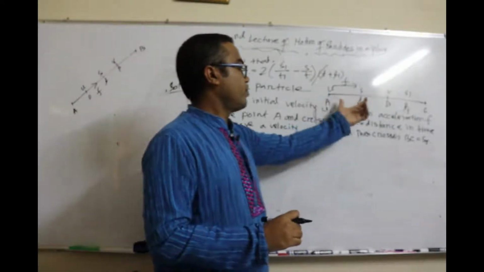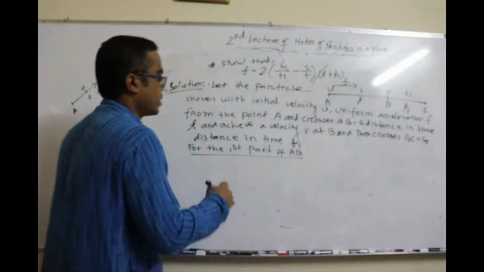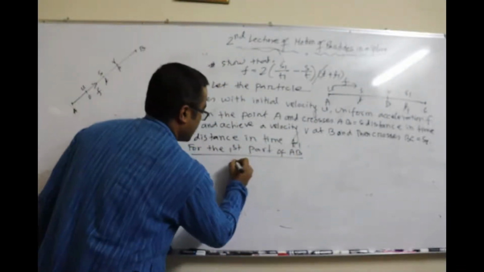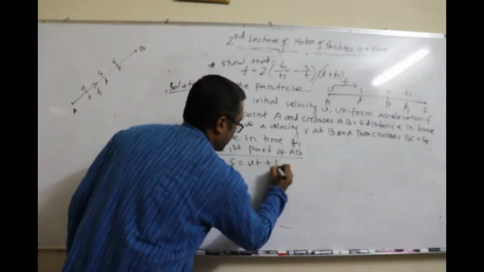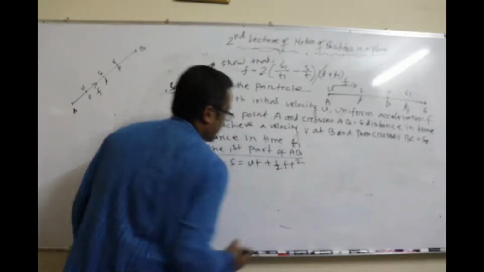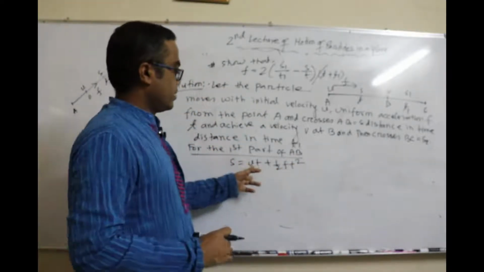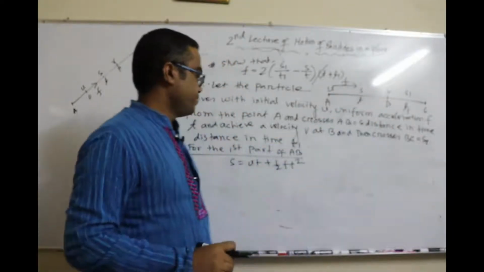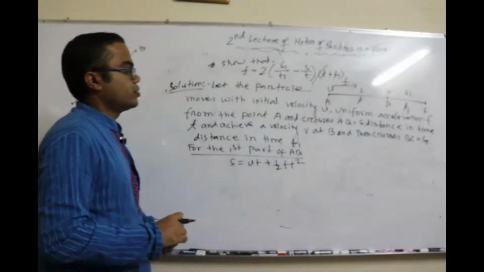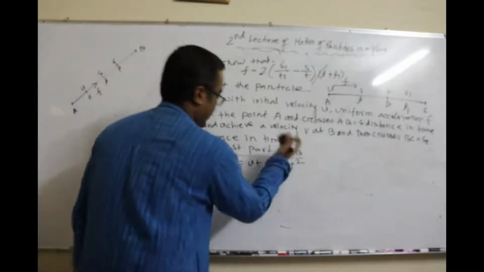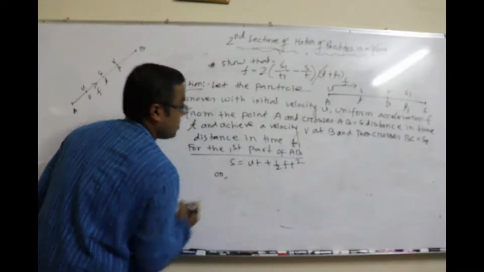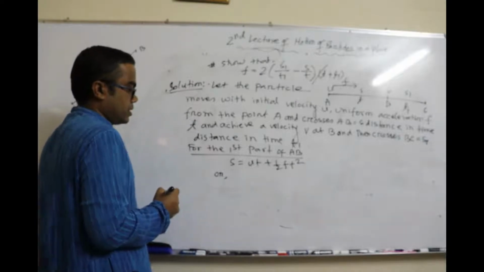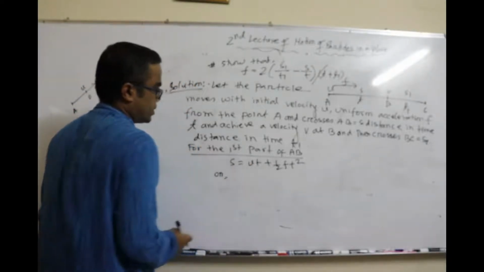So for the first part of AB, you can write distance as equal to ut plus half of ft square, because here time t, distance s, and uniform acceleration f. Here initial velocity means what? 0.